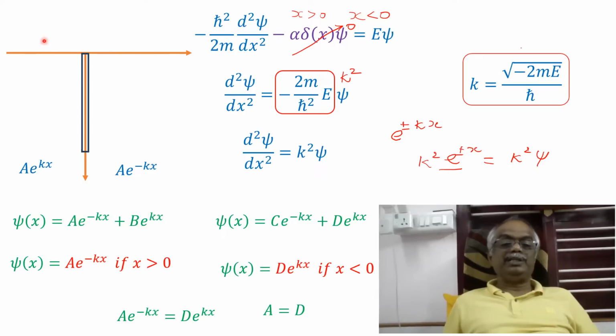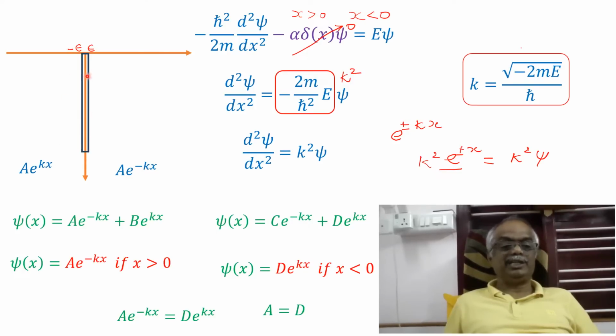Remember that I would like to explain this point. Except this point, let us say this is minus epsilon, which is very close to 0. This side is plus epsilon, which is also close to 0. I have taken a delta function which is rectangular in shape. It need not be rectangular; I have taken it rectangular for simplicity.